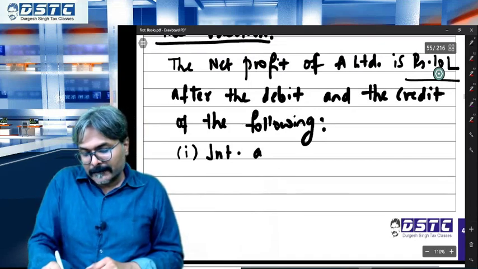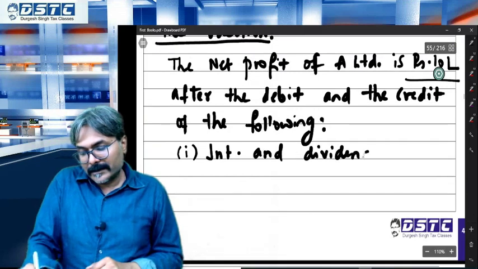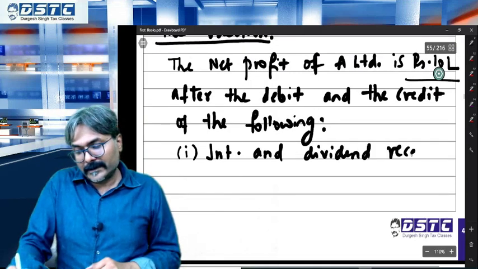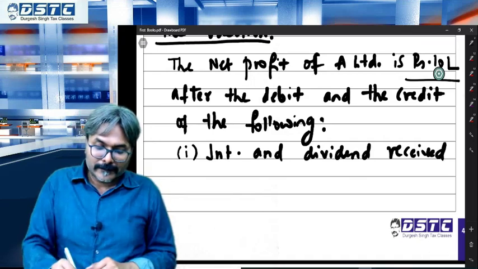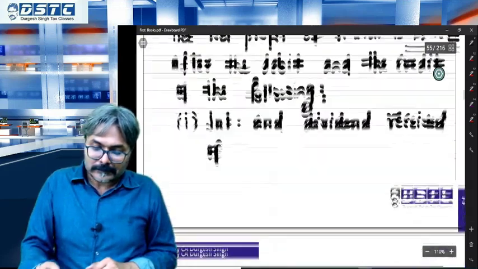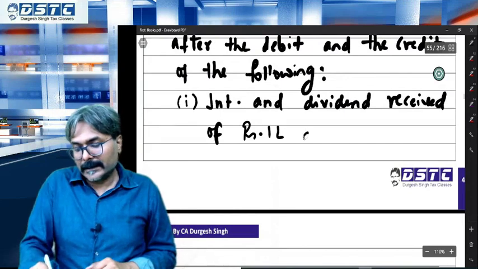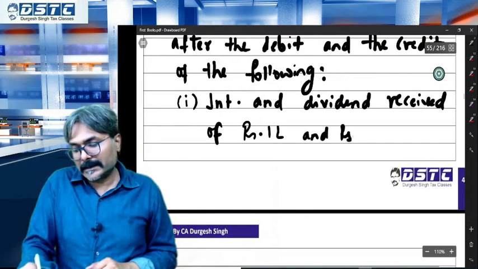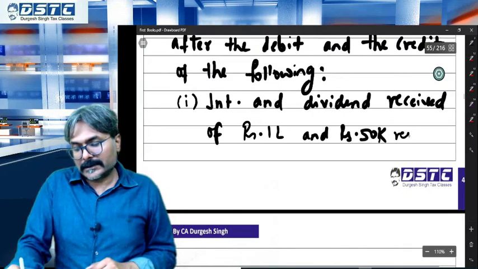Interest and dividend received of rupees 1 lakh and rupees 50,000 respectively.